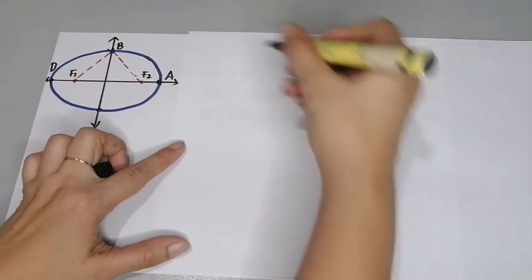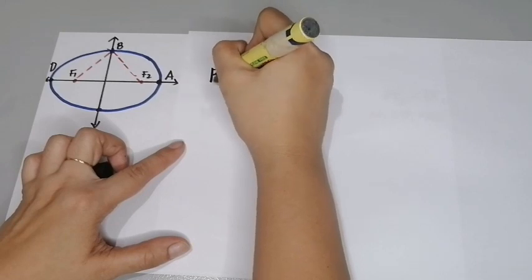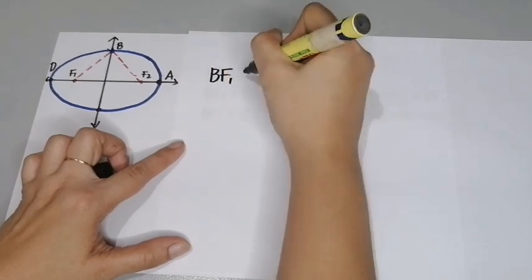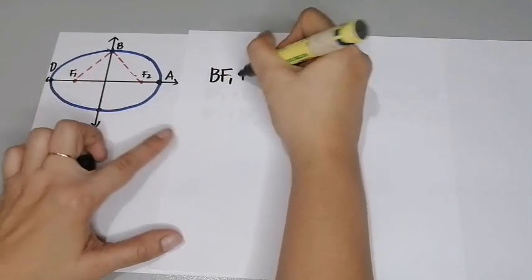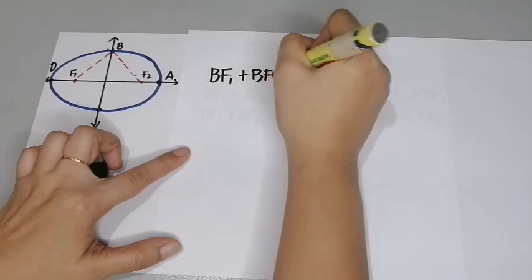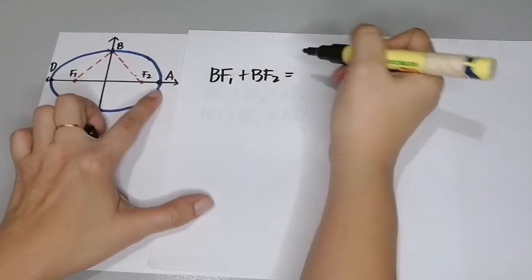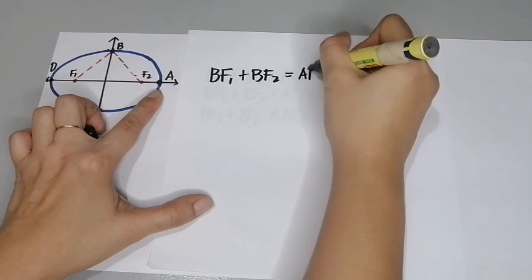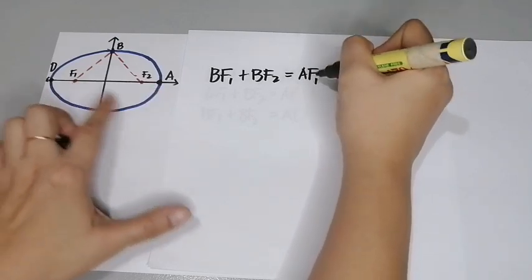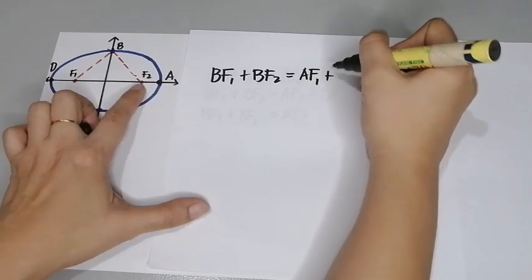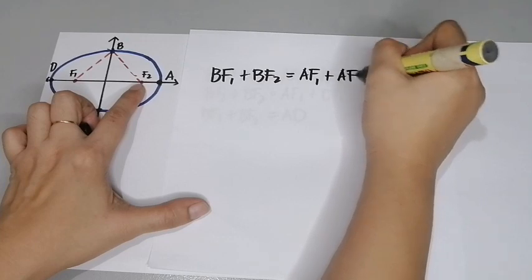So by the definition of an ellipse, BF sub 1 plus BF sub 2 is equal to line segment AF sub 1 plus AF sub 2.